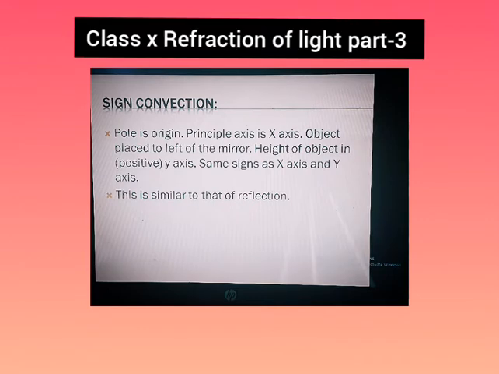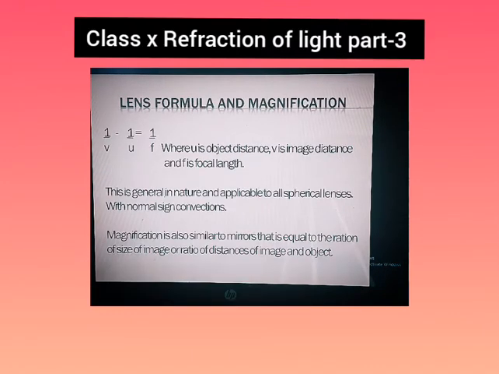The height of the object is positive along the y-axis. The same signs as x-axis and y-axis are given to the object, image, size of the image, etc. So right x positive, left x negative, up y positive, down y negative. The sign convention is again similar to reflection.